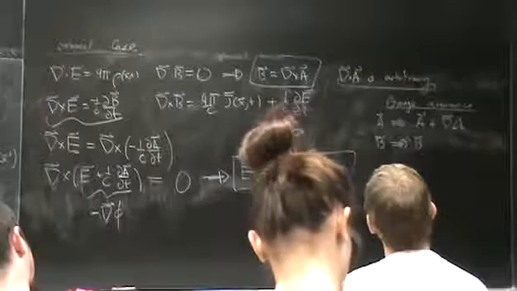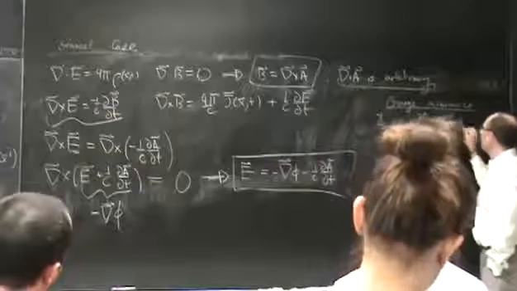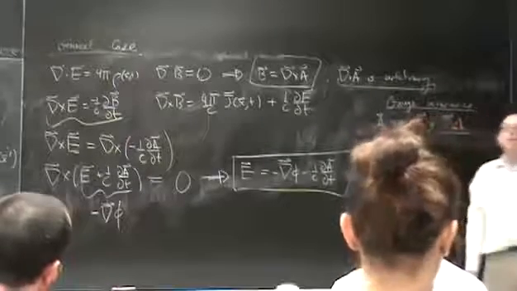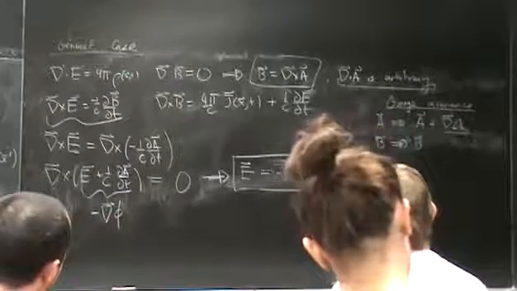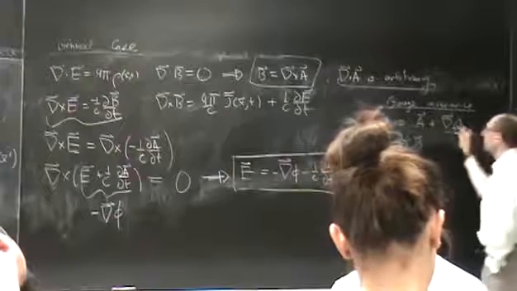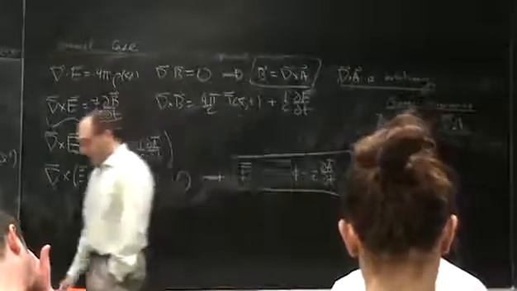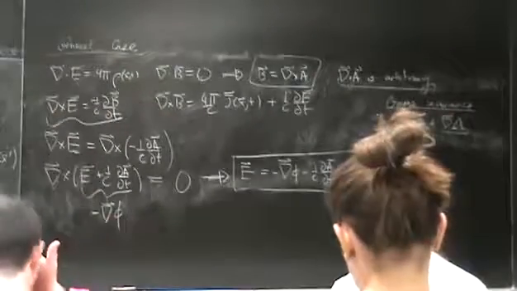So one can fix the divergence of A by an appropriate choice of the divergence of this, or the Laplacian of this field, satisfying an appropriate Laplace or Poisson type equation.